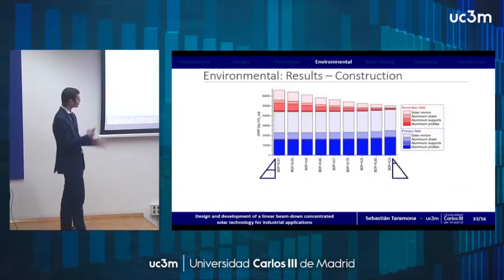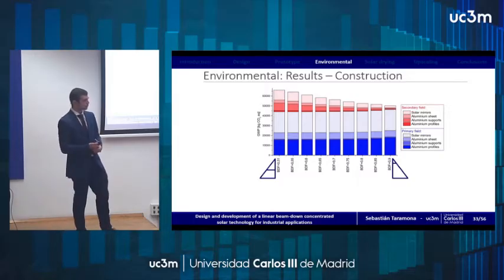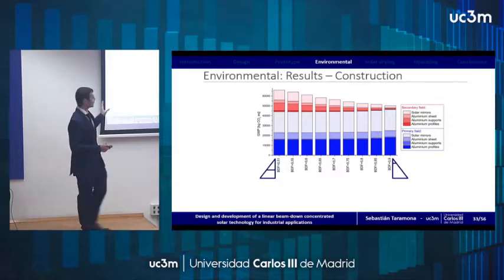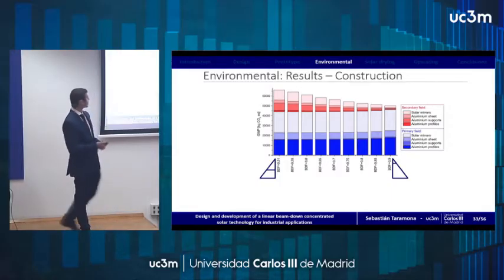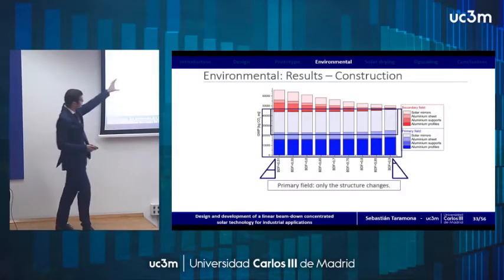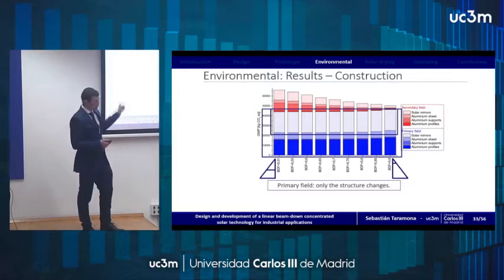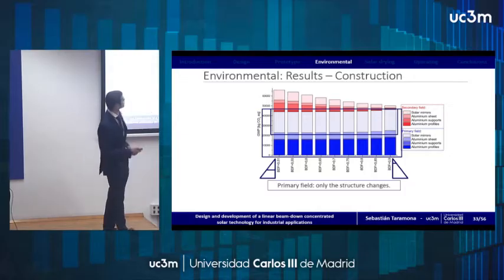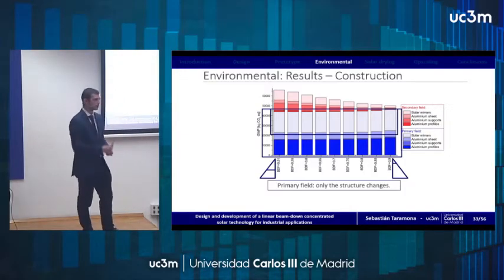Moving forward to the construction results, here you can see in the graphic all of the results for the different beam down heights. As you can see, first for the primary mirrors, the effect of the beam down height is almost negligible, only a little bit further towards the higher beam down reflectors.